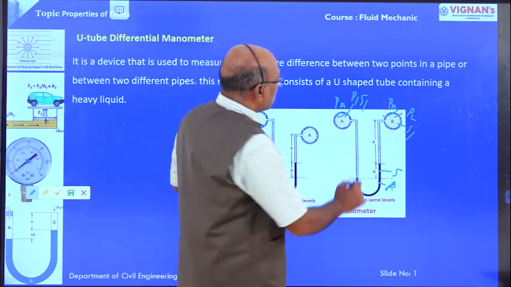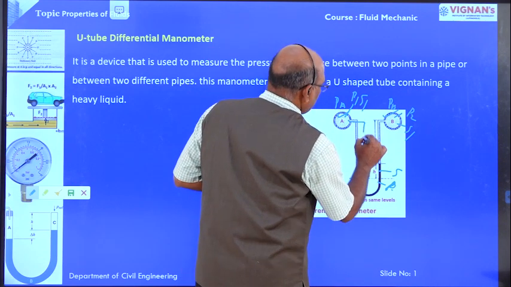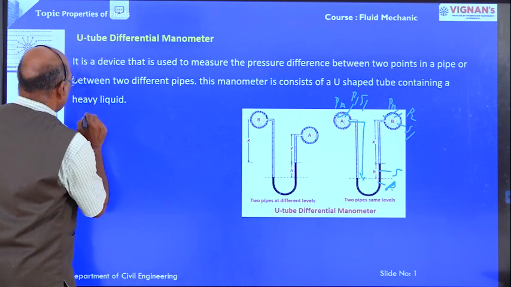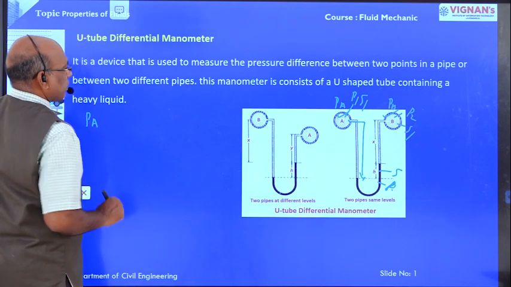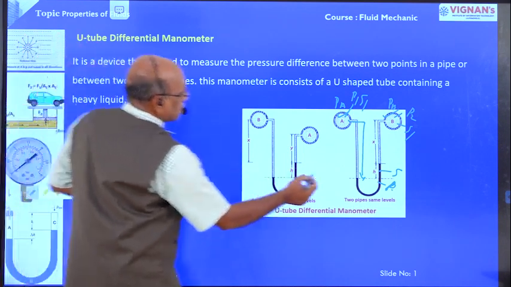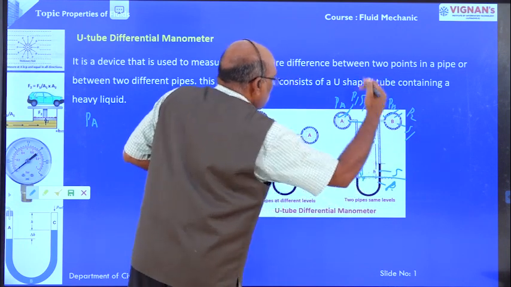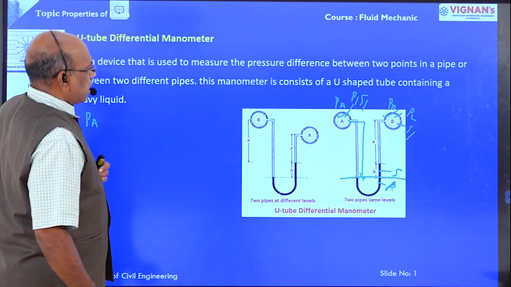What are the left side pressures? In the case of the left side, this is the liquid column. Above the datum line, the left side pressures must be equal to the right side pressures. What are the left side pressures?